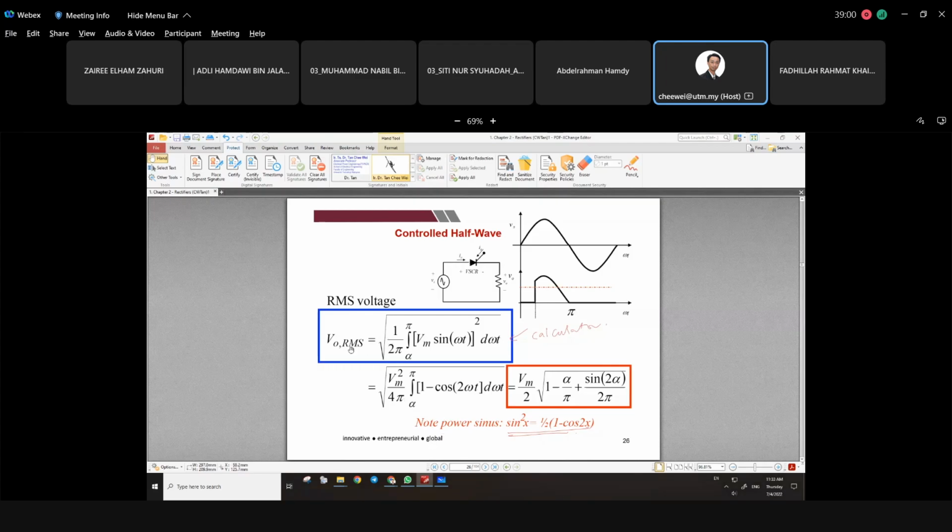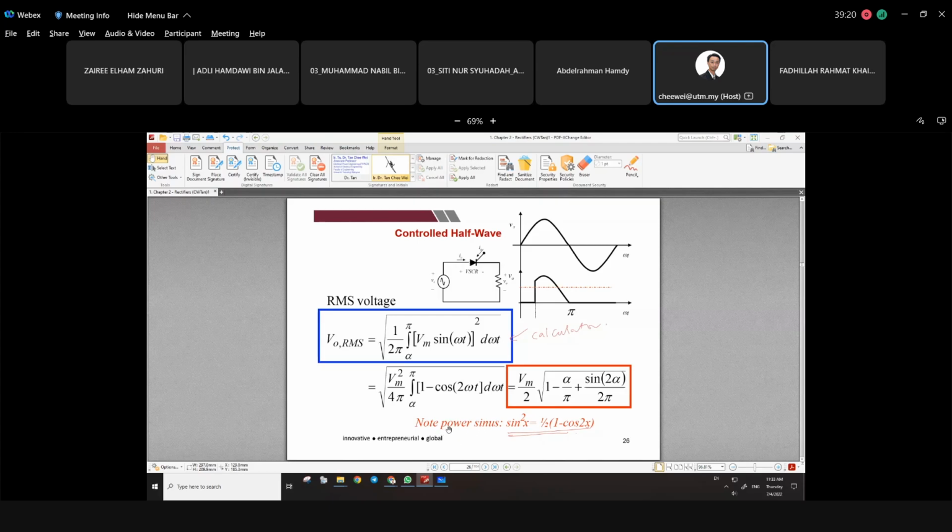So you start with this blue box, and the first thing that you need to do is to change, because sine to the power of 2 is not easy to integrate. We have to change to the equivalent with only one power, not to the power of 2. So you can refer to the notes at the bottom here.